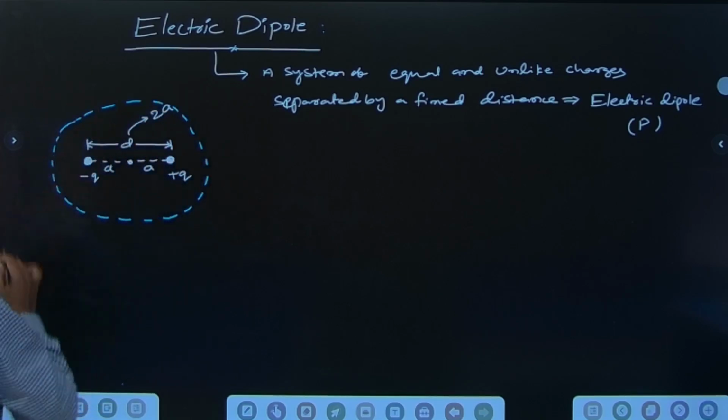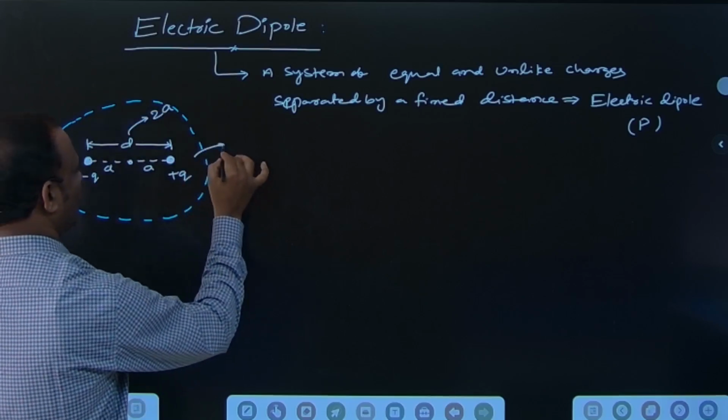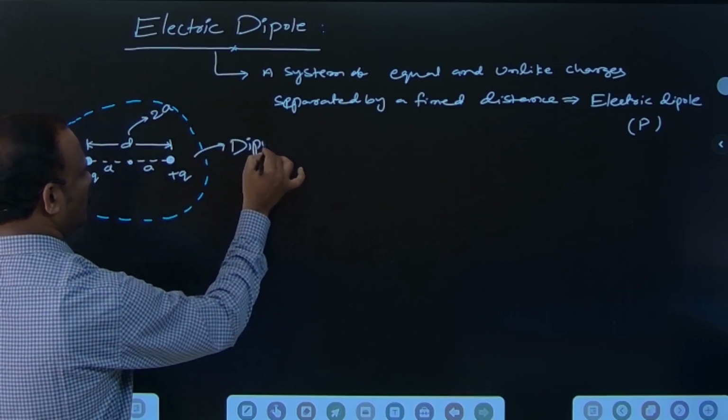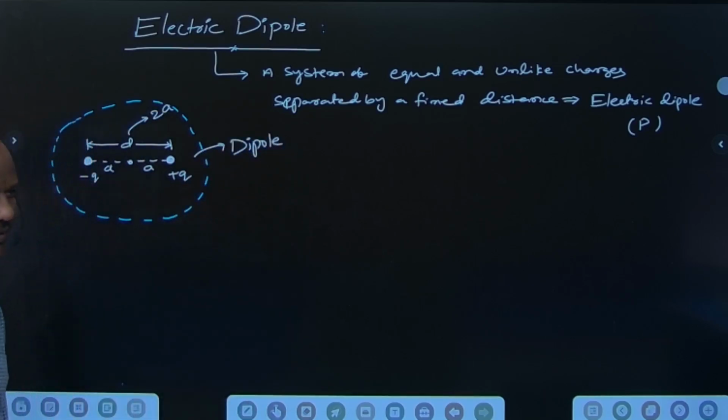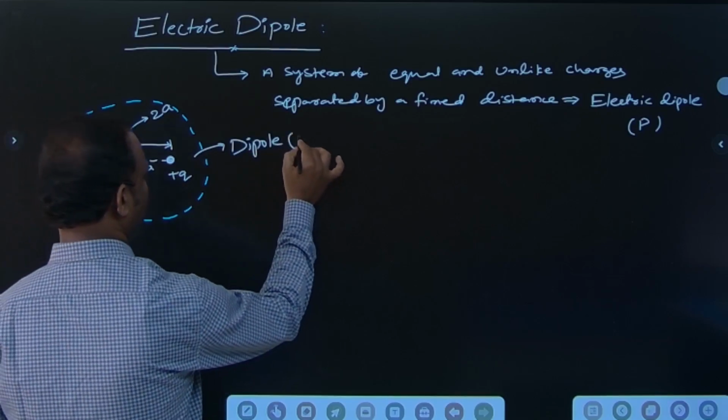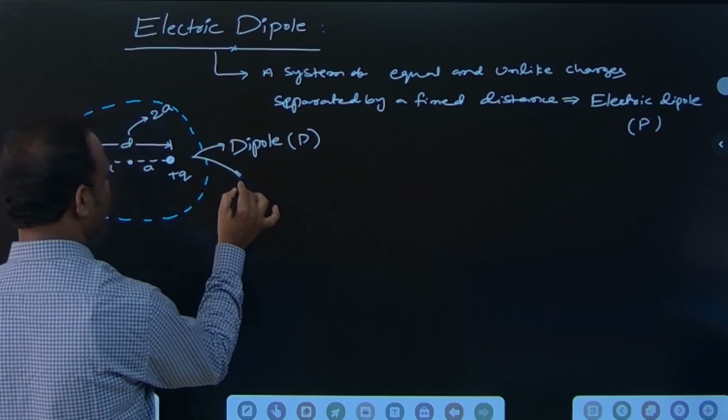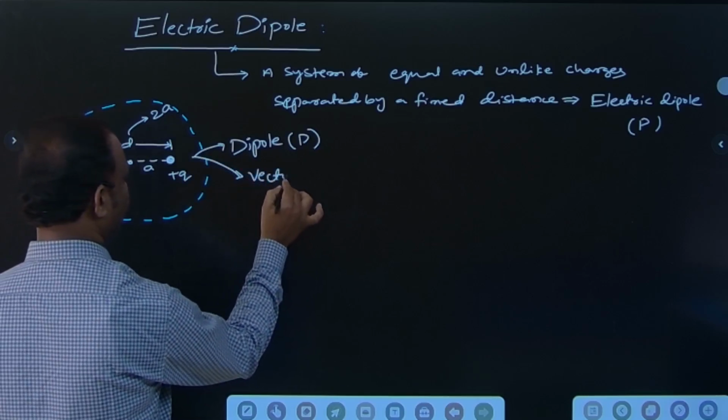This system is called an electric dipole. The dipole is denoted by P, and it is a vector quantity.